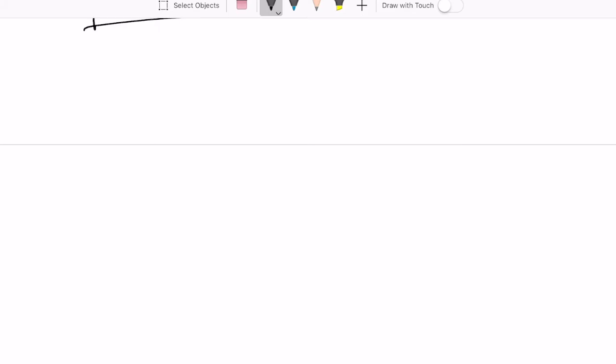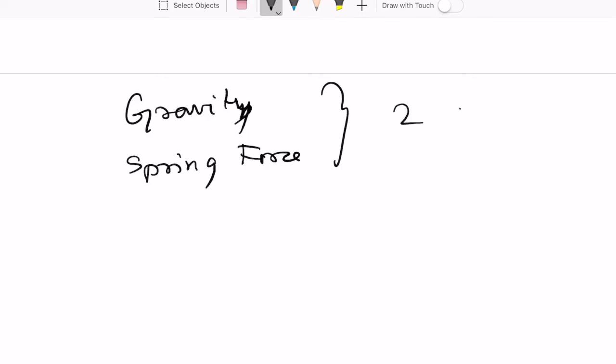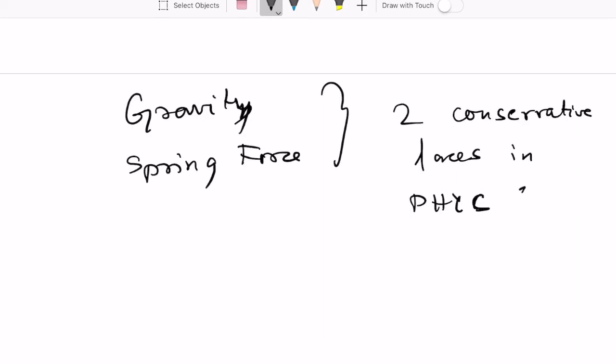The two conservative forces that we've learned about are gravity and spring force. So these are the two conservative forces in physics 1.